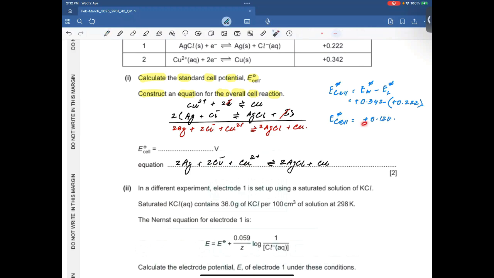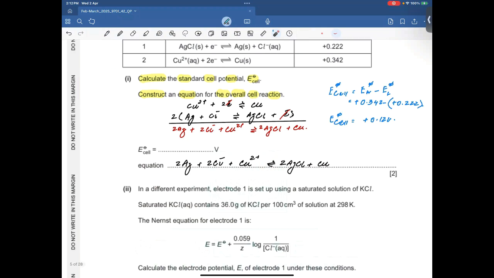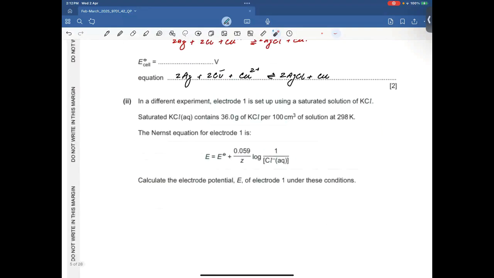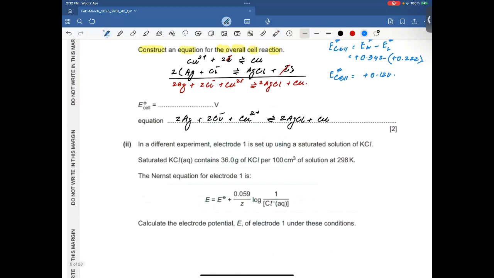See, the value is positive, which means the reaction is feasible or spontaneous, which means the reaction can take place. But since the value is less than plus 0.3 volt, the reaction never goes to completion, which means I need to put a reversible sign here, because whenever a reaction goes to completion, I will write an irreversible arrow. I hope it makes sense to you. Let me write down plus 0.12 volt.